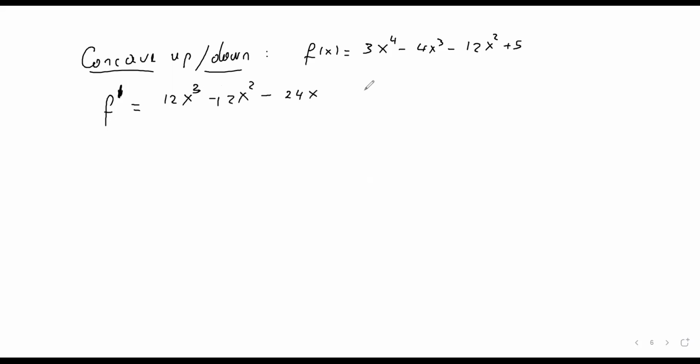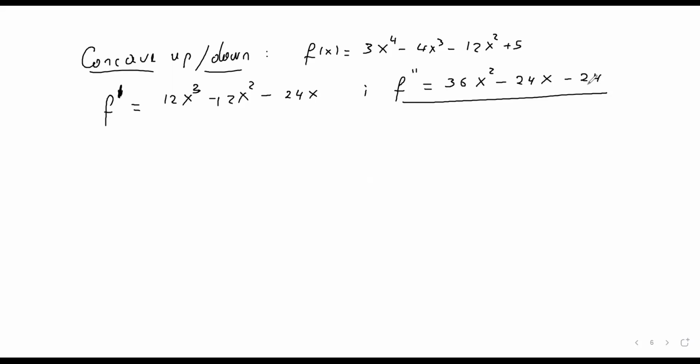So f prime prime is equal to 36x squared minus 24x minus 24.